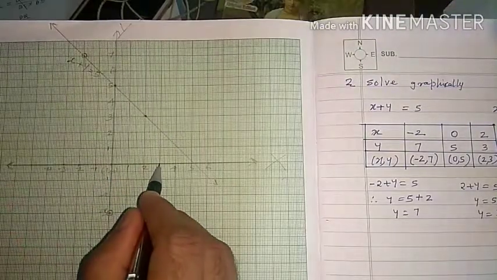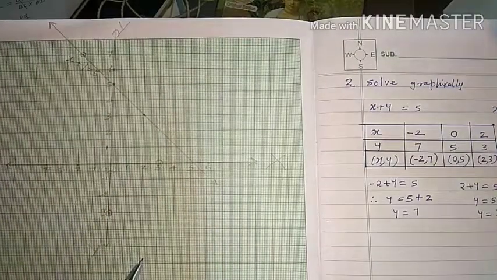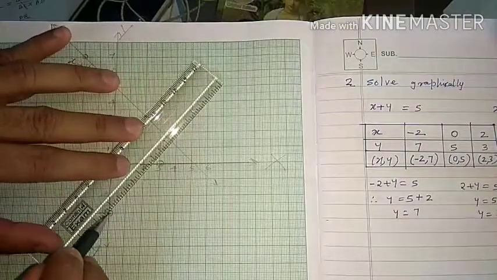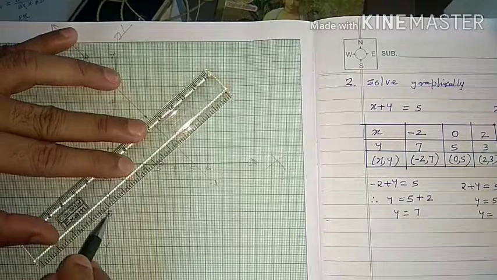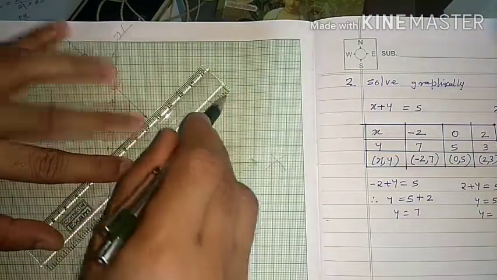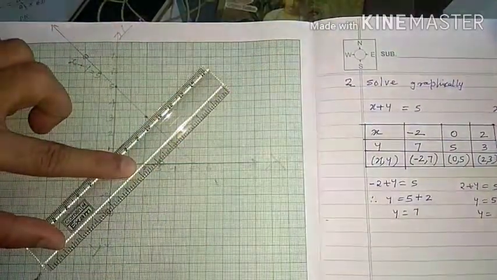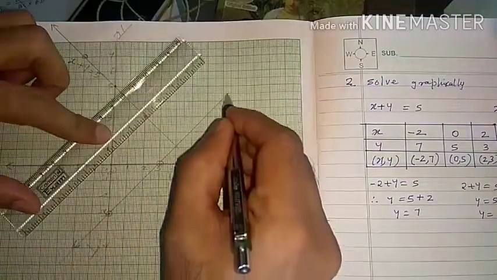Y is 0, so we do not go up or down. Now these 2 points we join with a single stroke straight line. Both ends we can give arrowheads.